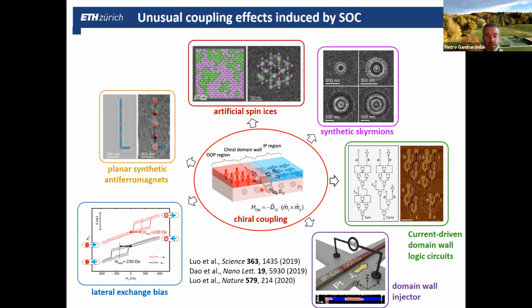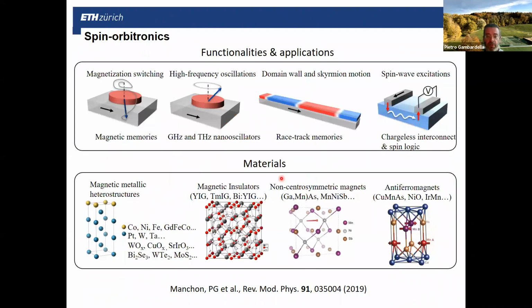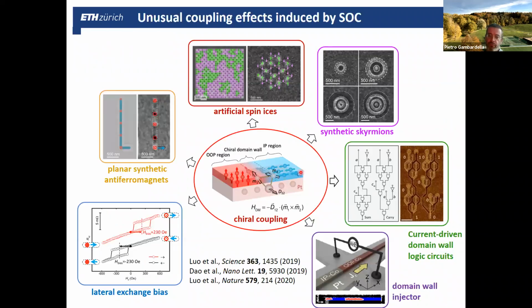Okay, so one in plane, one out of plane. Then this Dzyaloshinskii-Moriya interaction induces a coupling between this orthogonal magnetization and essentially favors one orientation, say up left, versus another one, for example, up right.